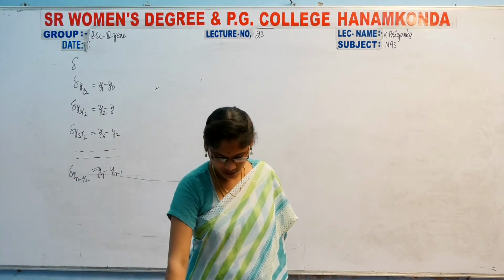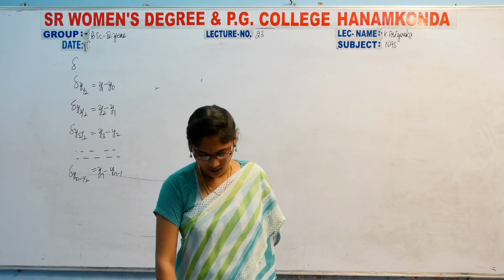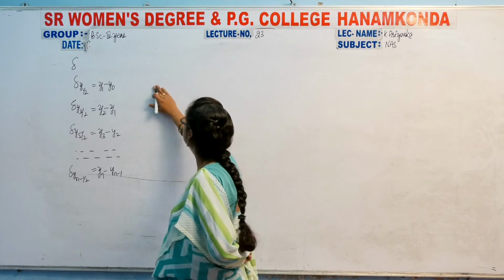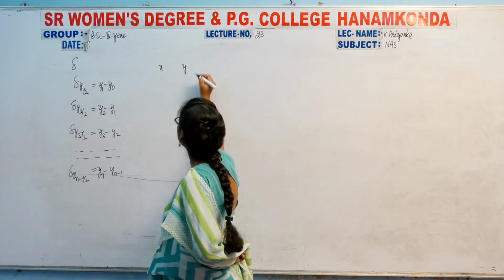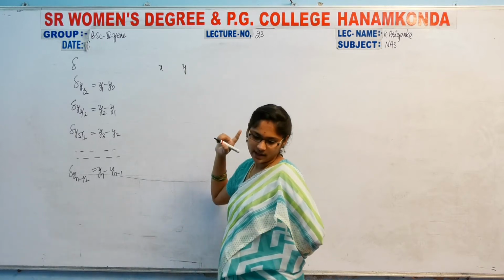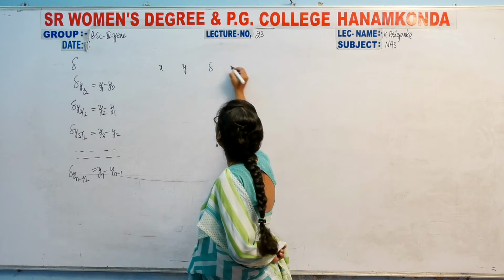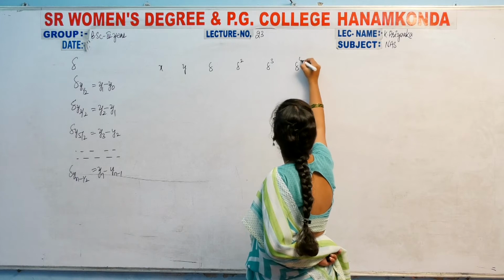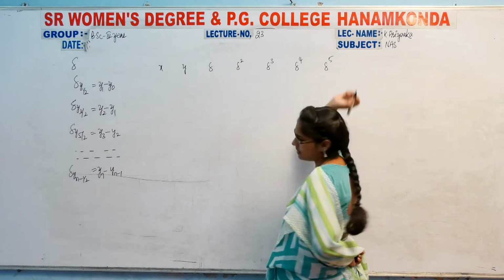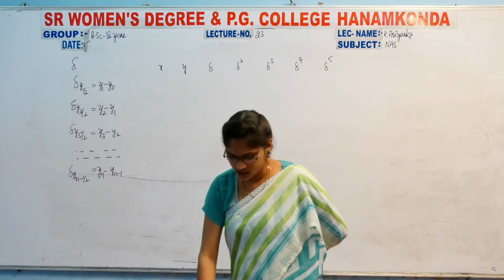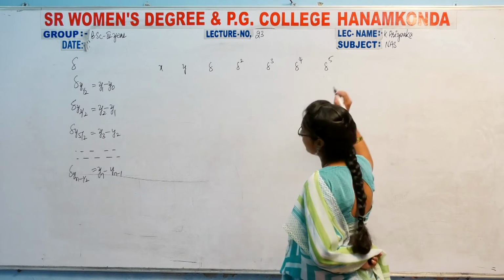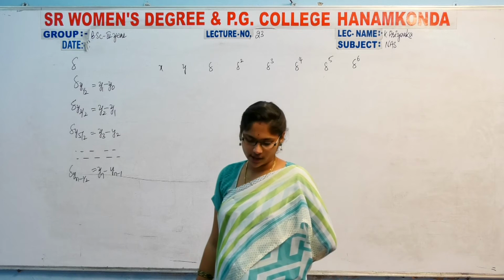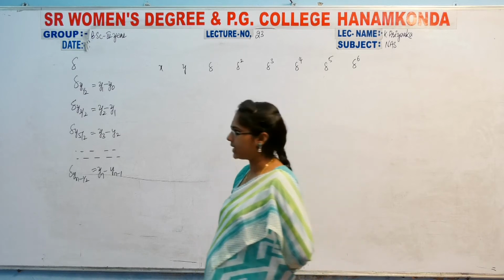Then the central difference table. x, y. Next values are gamma, gamma square, gamma cube, gamma power 4, gamma power 5 and gamma power 6. Central means middle, right? Of course, here I am taking that directly.